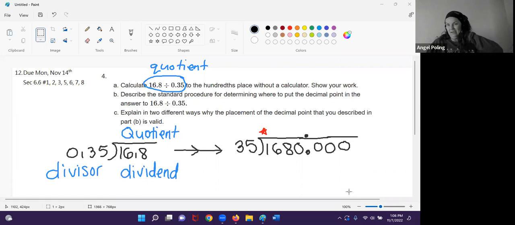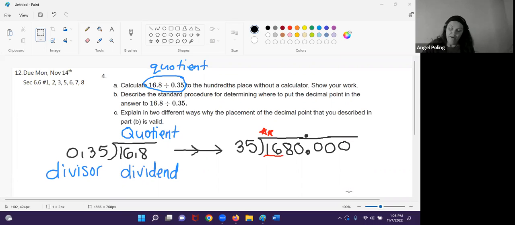None. So in our algorithm, we skip this number. Now we look at the 16 and ask how many groups of 35 can I make out of 16? Again, none.